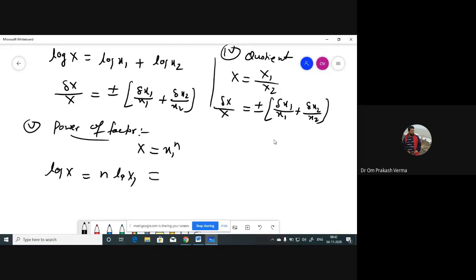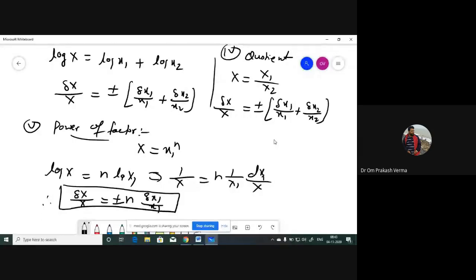So you can take the differentiation, 1 by x dx and 1 by x1 dx1. When you take the limiting error, delta x by x is equal to plus minus n delta x1 by x1, right? So this is the maximum limiting error.